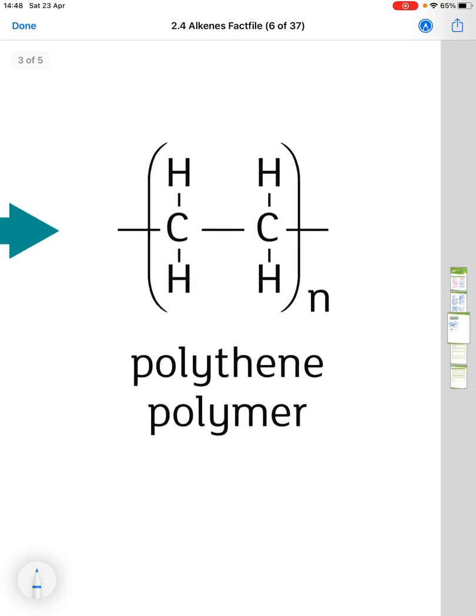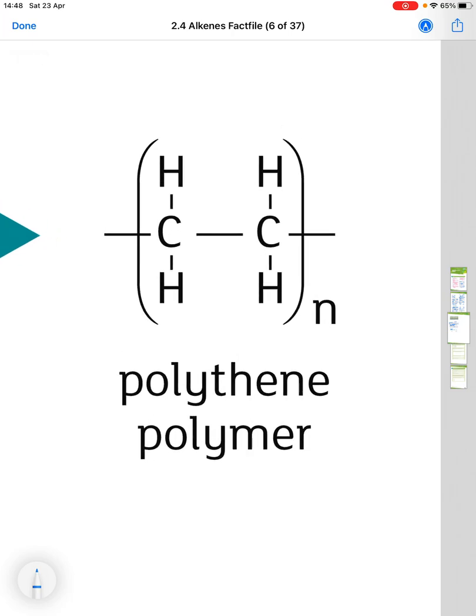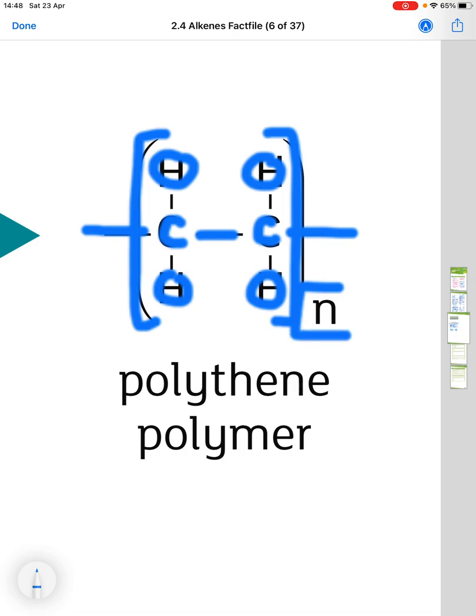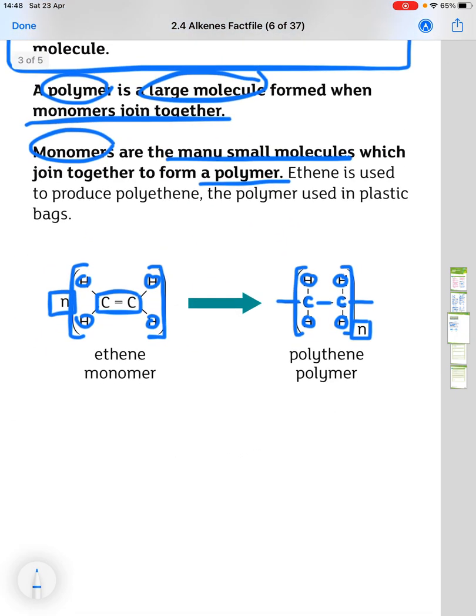When we draw the polymer, we just draw the repeating unit, and you'll see here that the 2 carbons remain where they were. The groups around the carbons are the same, and we draw 1 bond out each side showing that the molecule continues, and then the square brackets show that that is the repeating unit, and n tells us that it's repeated many times, the same number of times as whatever the number is in the first part of the equation.